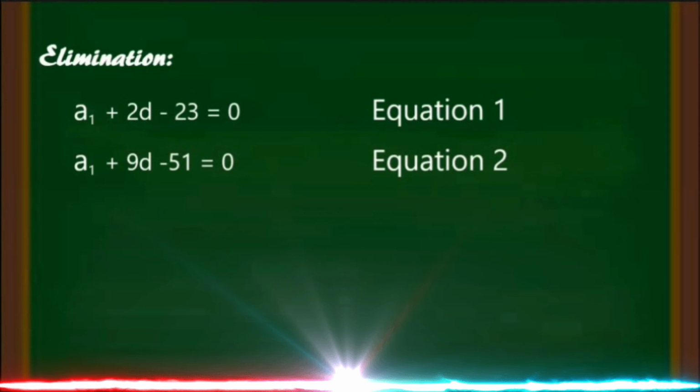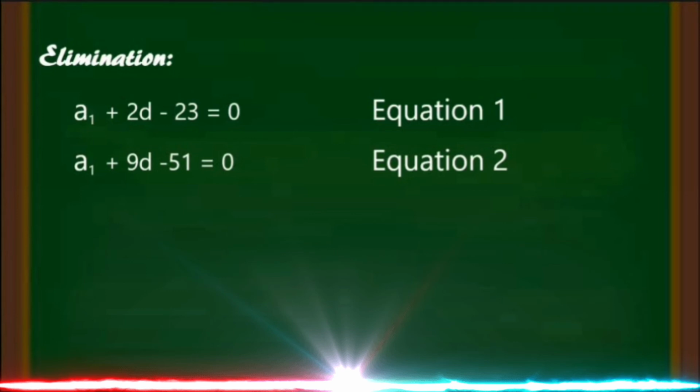In our equation 1 and equation 2, what term do we need to eliminate? Yes, very good. We need to eliminate a sub 1 because we are required to compute the value of our d or the common difference.